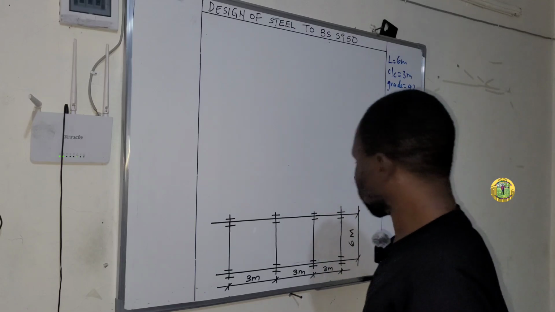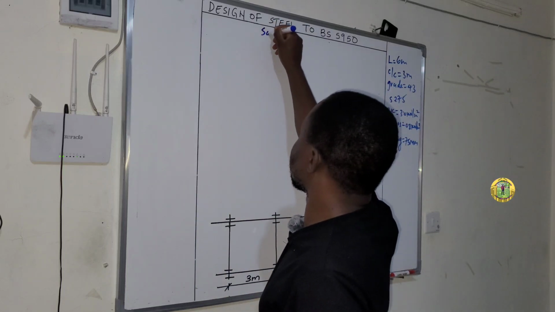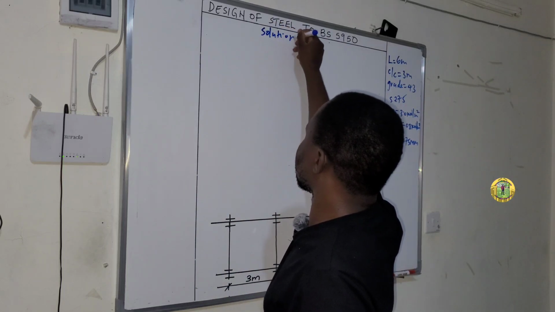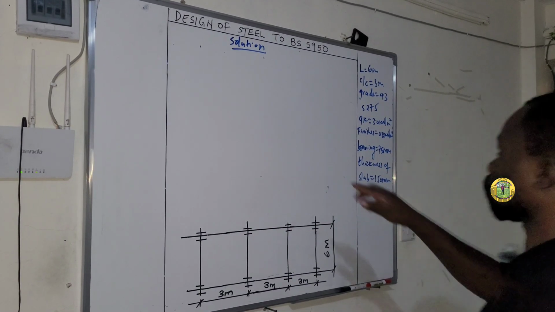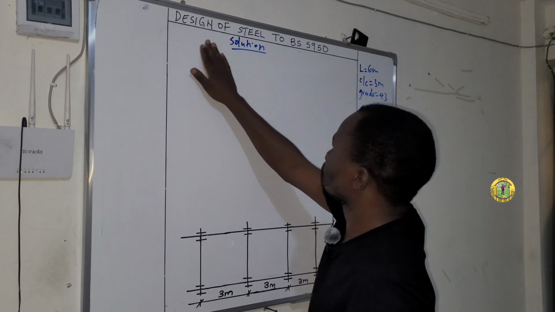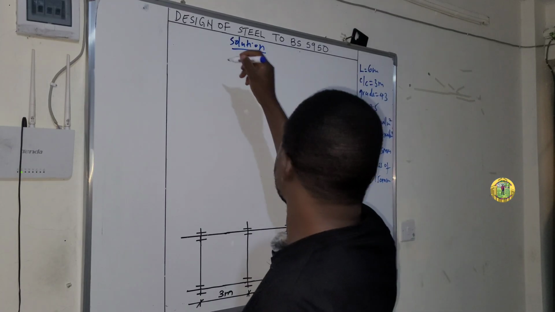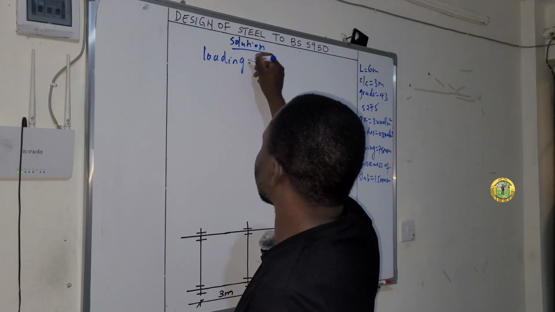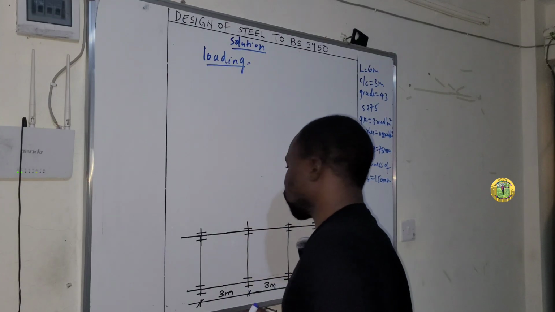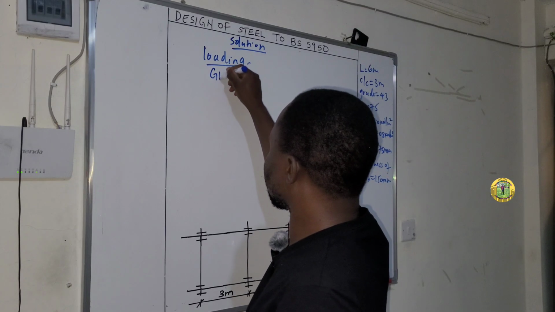So, solution. The first thing to do is to calculate the loading applied on the universal beam. So under loading, we will calculate the dead load, which is GK.